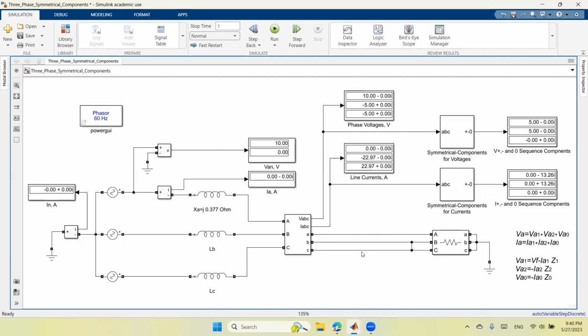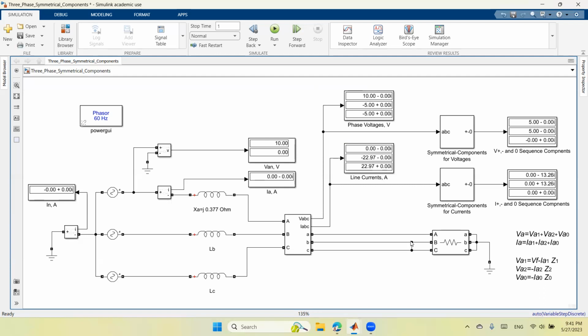So IB is equal to negative IC, and this is what is shown here. For voltages, the voltage in phase A is equal to 10 at 0 degrees. In the other two phases where we have the fault, it is half of the healthy voltage, which is negative 5 and negative 5.